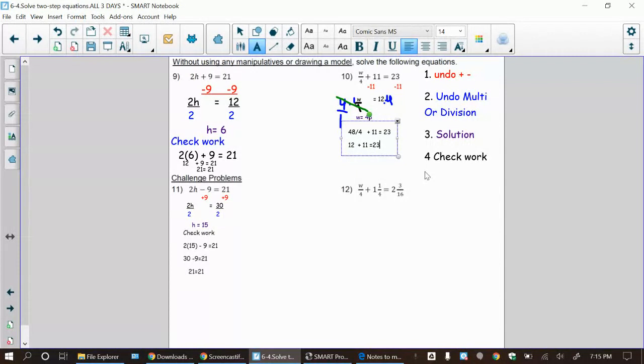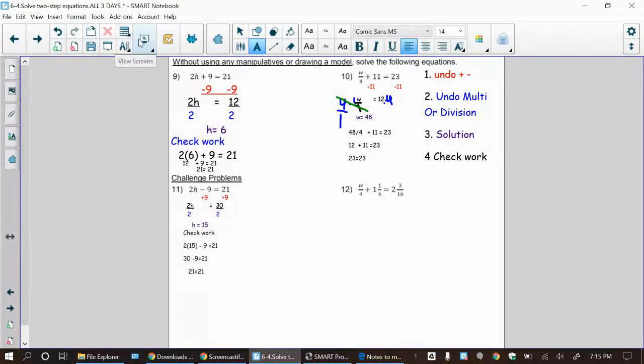That's still going to equal 31. Yes, it does. If you get to this point and you don't get 31 equals 31, then somewhere in there you made a mistake. Okay? All right.